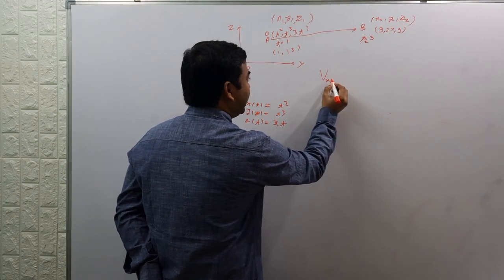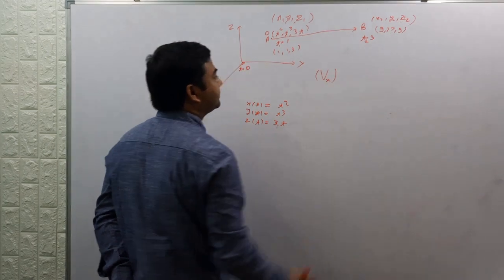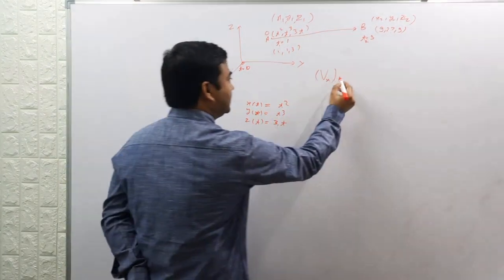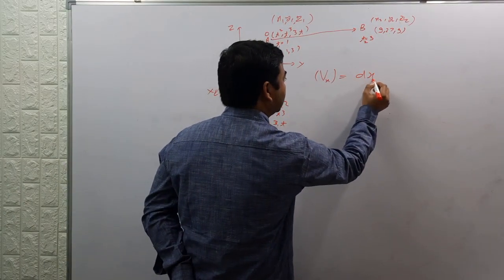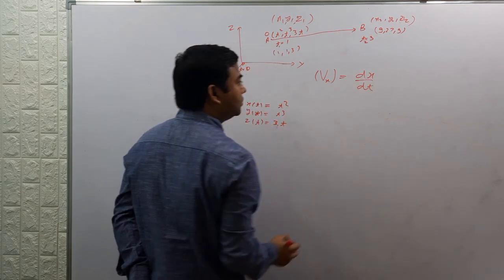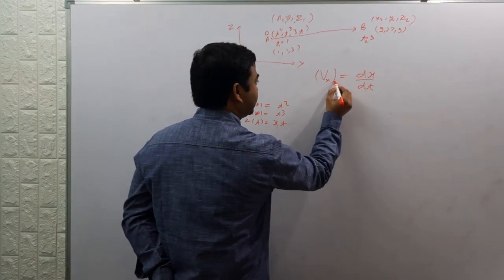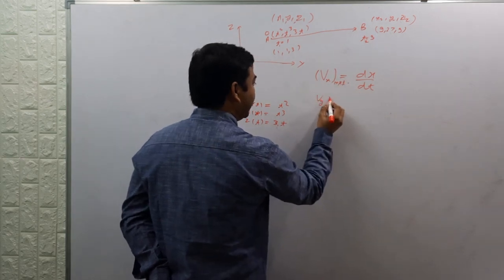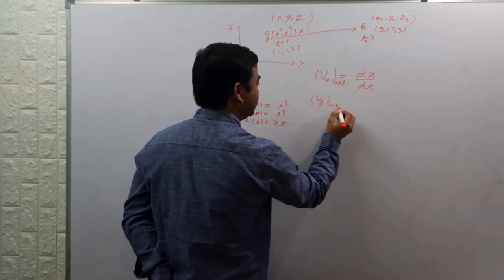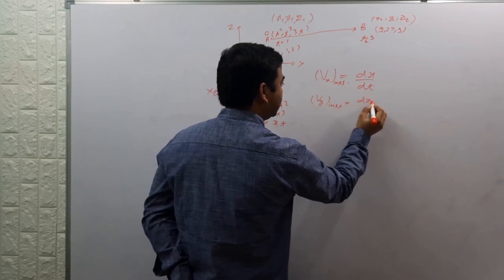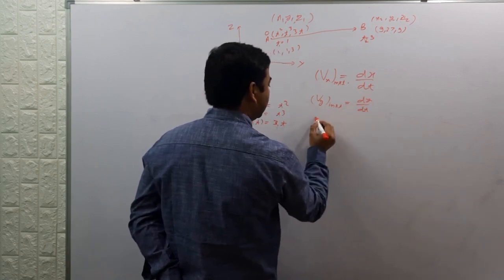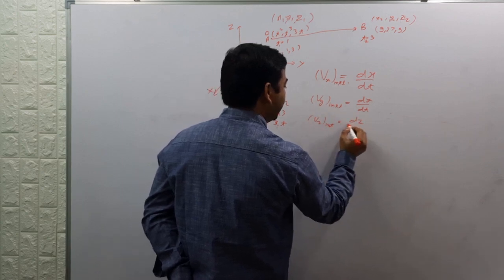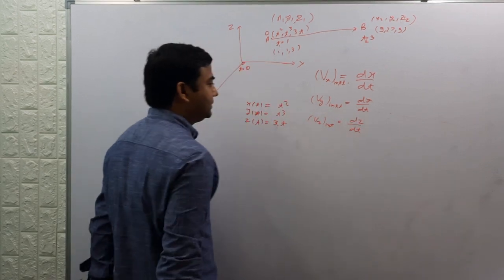Instantaneous velocity in x direction at any point is given by dx over dt. We can write it as v instantaneous. Similarly, Vy, in y direction, instantaneous velocity is dy over dt. In z direction, instantaneous velocity is dz over dt.